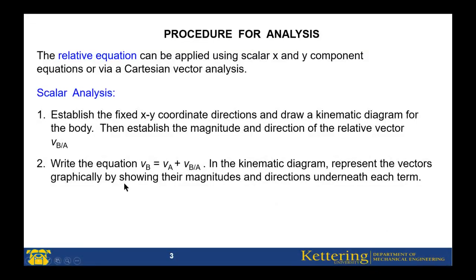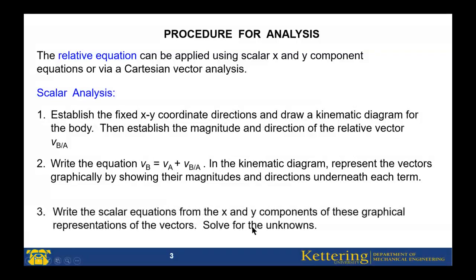But for the second step, you already have in mind that this is x, this is y direction, and put x and y direction of the VB, y direction of the VA, and y and x direction of the VB with respect to A, and solve the problems. This is the difference.